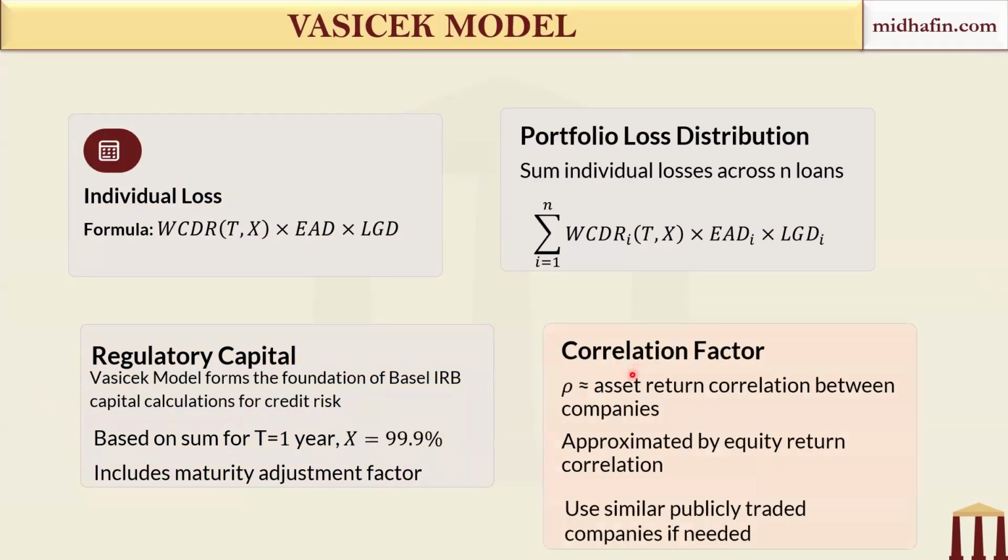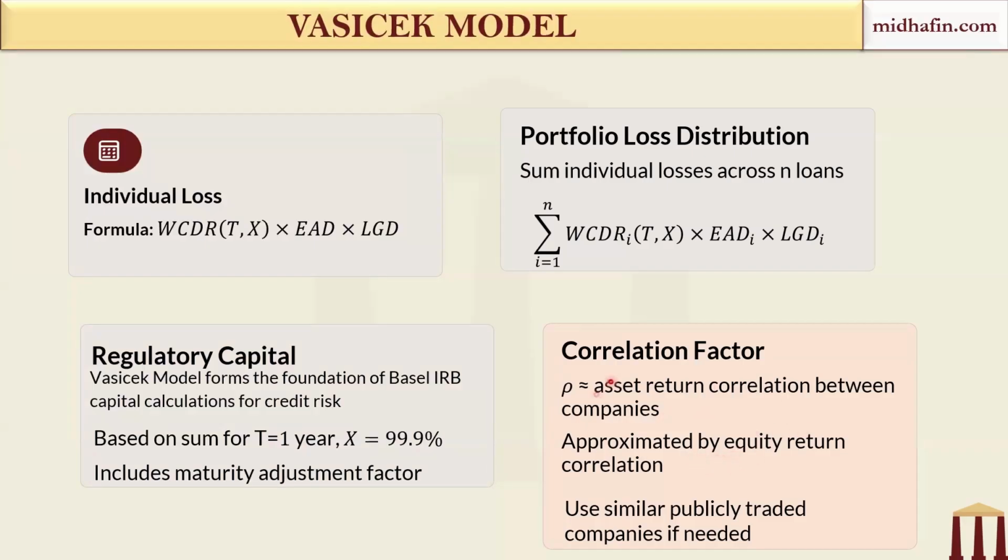Now, correlation factor. The model uses asset correlations between the companies, but the asset correlation between any two companies is typically approximated by the equity return correlation between the two companies, and it is applicable for all pairs of companies. This correlation is what links defaults together in a portfolio.